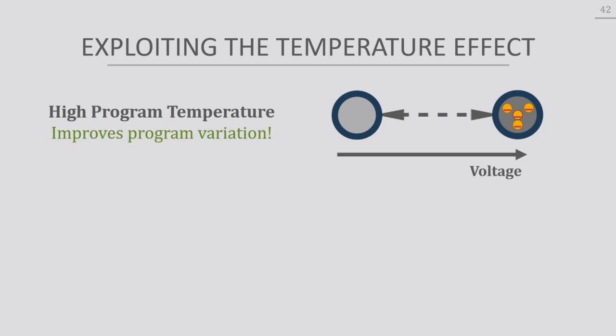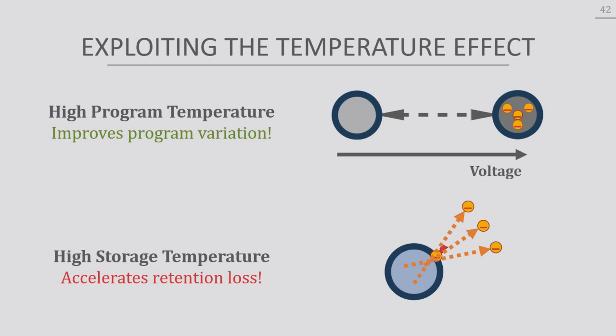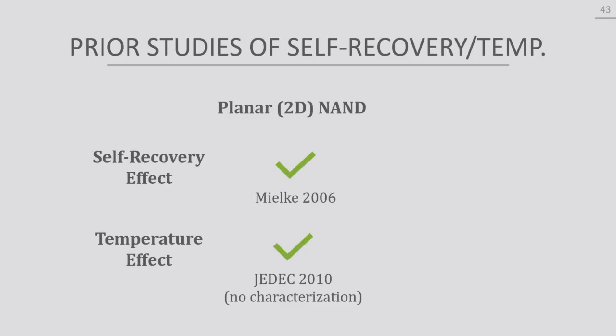And this increases the program variation because it increases the difference between highest voltage and lowest voltage state. And this is good for reliability. However, during storage time, a higher temperature increases the electron mobility within the flash cell, and then these charges are more likely to leak away over time. So this will accelerate the retention loss phenomenon, which is bad.